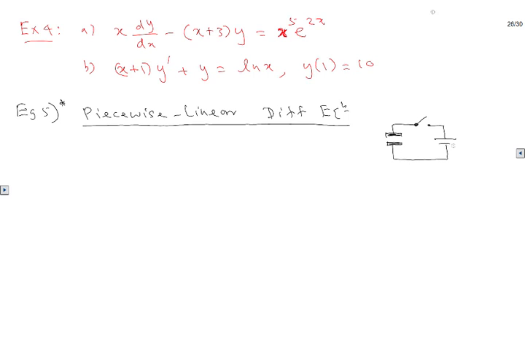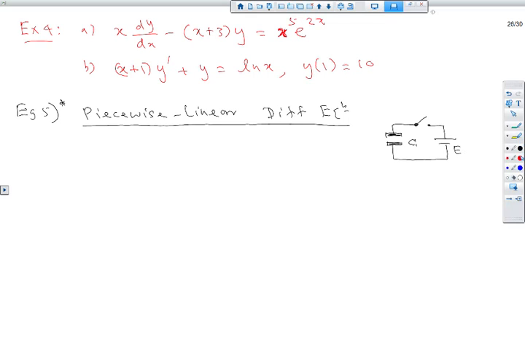So we're going to switch on, wait a few seconds and switch off. What happened to the charge of the capacitor if you start with a 0 charge? That's going to create a differential equation of this type. So we can solve that differential equation and see what's going to happen. Okay, so solve.